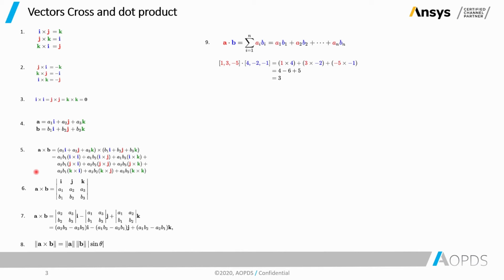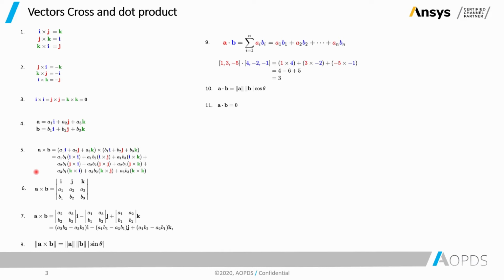And if we know the angle between A and B, then A dot B can be calculated with the magnitude of A multiplied by the magnitude of B multiplied by the cosine of the angle between A and B. And of course, if A and B are perpendicular with respect to each other, then A dot B is going to be 0.